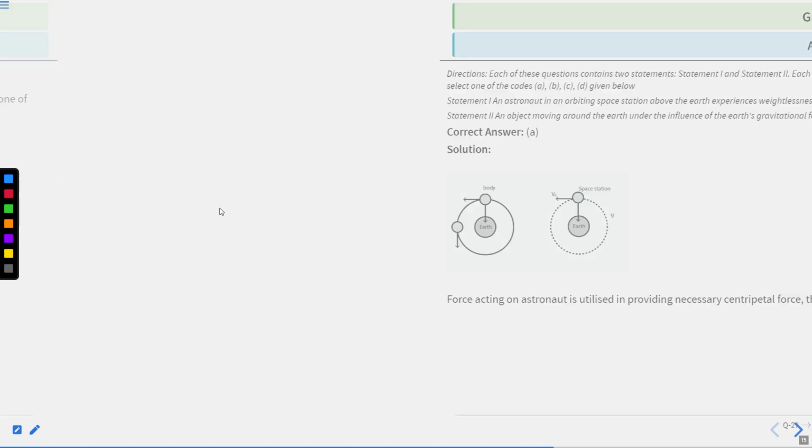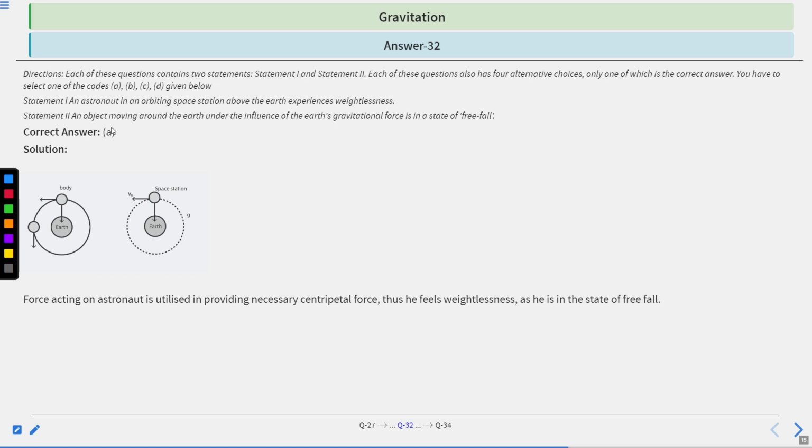Let's find the solution. According to the question, statement first is: an astronaut in an orbiting space station moving around the Earth experiences weightlessness. When a body is moving with velocity v naught, the Earth attracts that body.